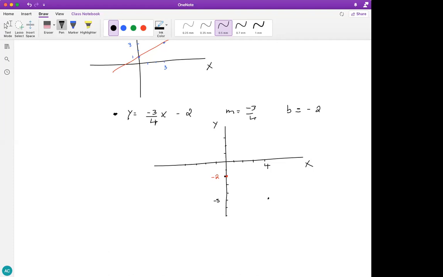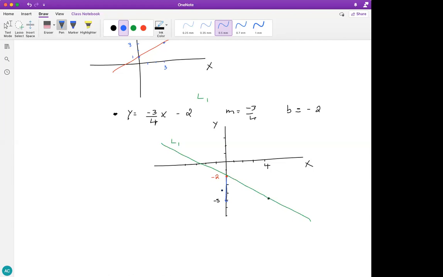I said that your starting point is the intercept. Second point is, after a rise and a run, you end up here. Those are the points we need. You take your ruler and you draw the line through them. So this is line 1. So this is basically the graph of line 1. Okay, so as you can see, we had to go down.